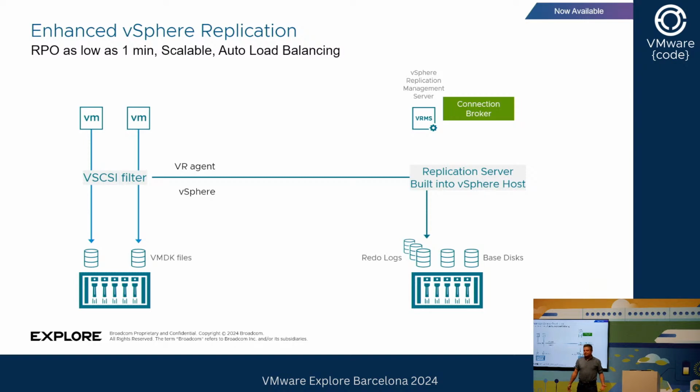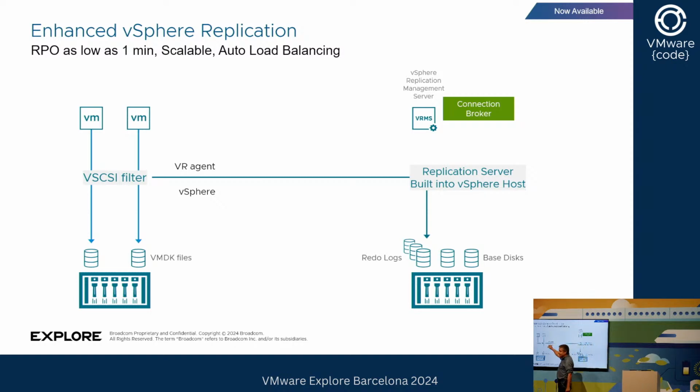There were some performance limitations, and one of the most heavily requested features for vSphere Replication was that we need lower RPO, we need 1 minute RPO. To achieve that, we had to re-architect, to improve the architecture, and now there are two big changes.